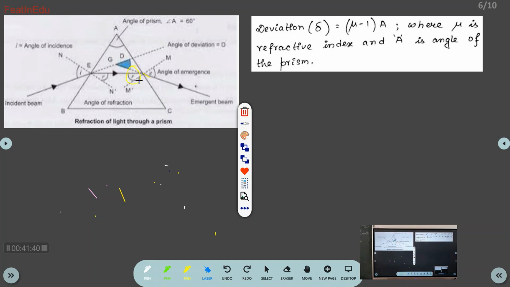Now, if this angle was equal to the critical angle, then this ray would have traveled along the surface. Is it making 90 degrees? It is making 90 degrees with respect to this normal. This dotted line is the normal, M M dash.